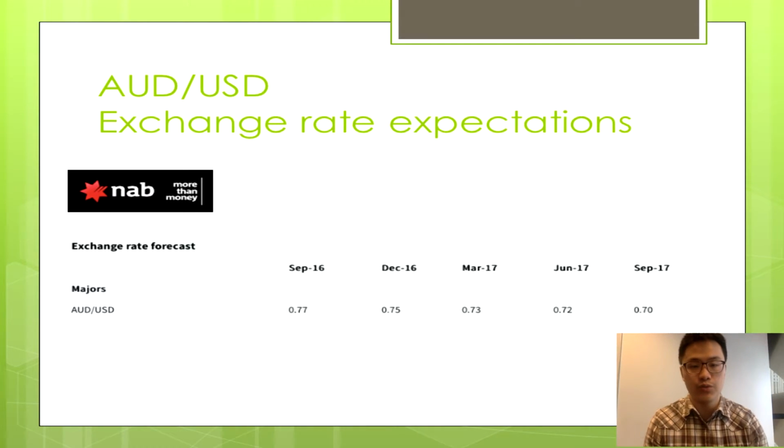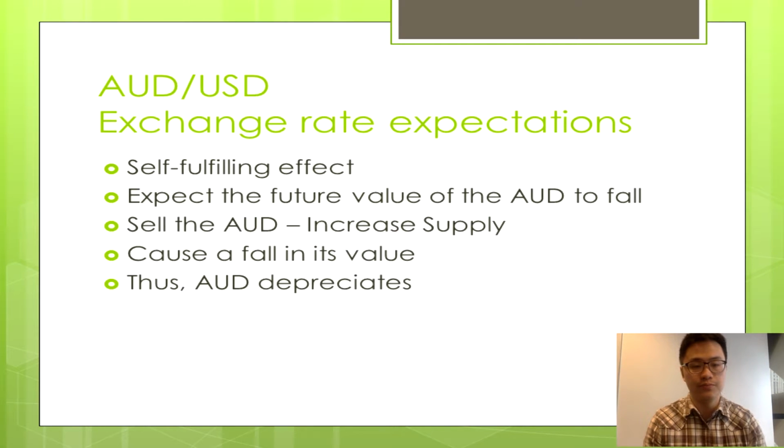And about exchange rate expectations, we have to notice the self-fulfilling effect, which is, in this case, the market participants expect the future value of the Australian dollar to fall. Thus, people are going to sell the Australian dollars because they become worthless, and then it will increase the supply of the Australian dollar in the foreign market, and that will cause a fall in its value.